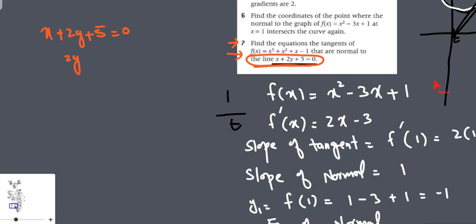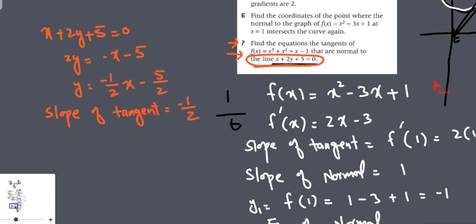I can write 2y equals negative x minus 5, and further y equals negative 1 over 2 x minus 5 over 2, right? So the slope of its tangent of this curve is negative 1 over 2.